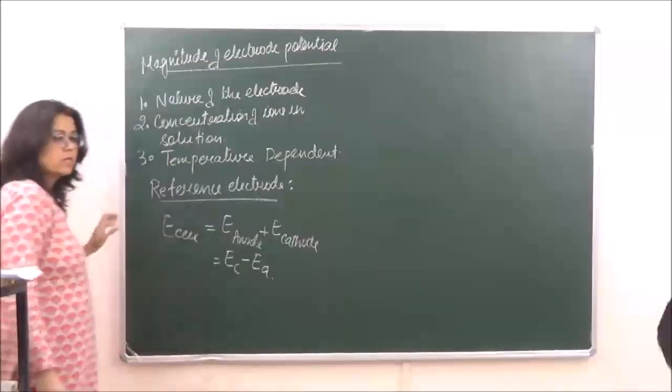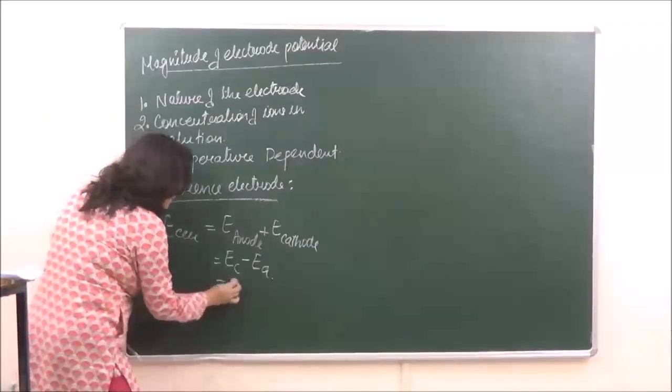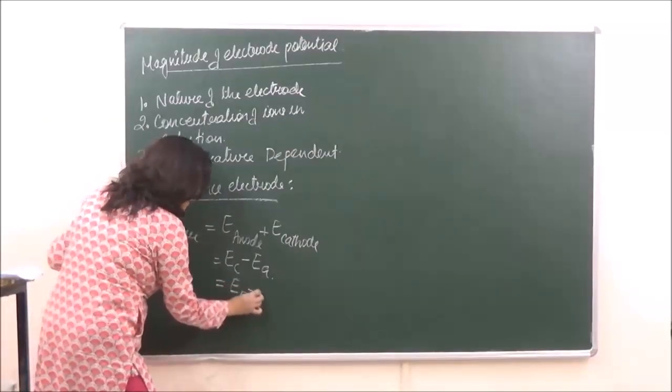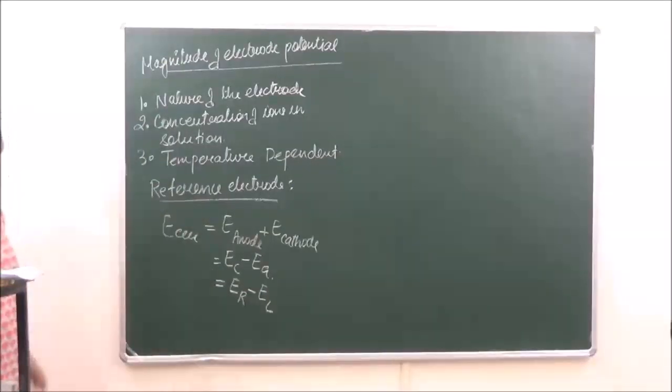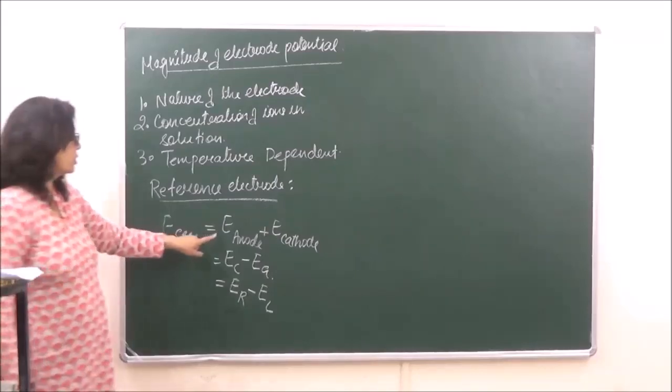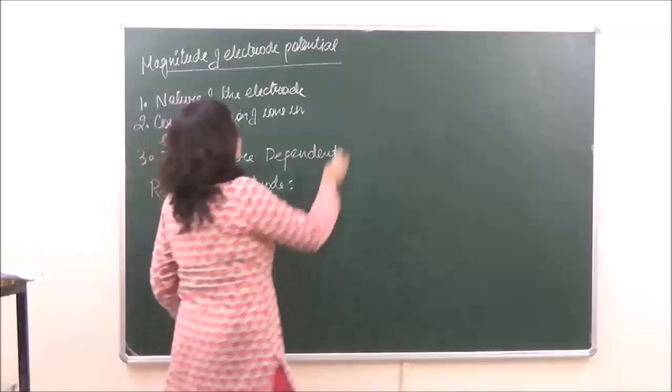This is also written in certain books as E cathode minus E anode, or E right minus E left. So this is how we calculate the E cell. Clear? Okay. Now, if you want to simplify this further, what is happening at the anode?